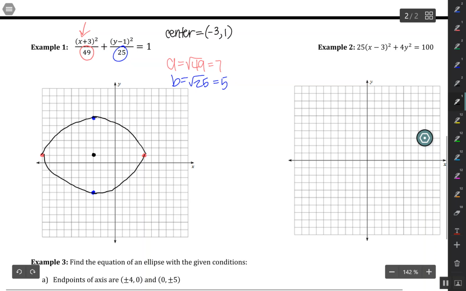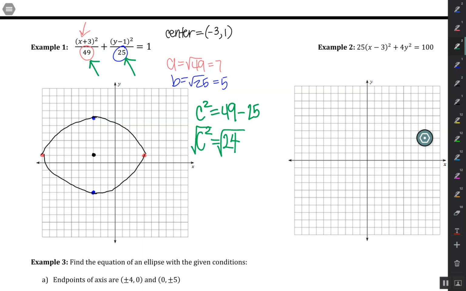Okay. The foci. C squared is equal to, the big one is 49 minus 25. Okay, so c squared, ooh, that was fun. C squared equals 24, square root of it.